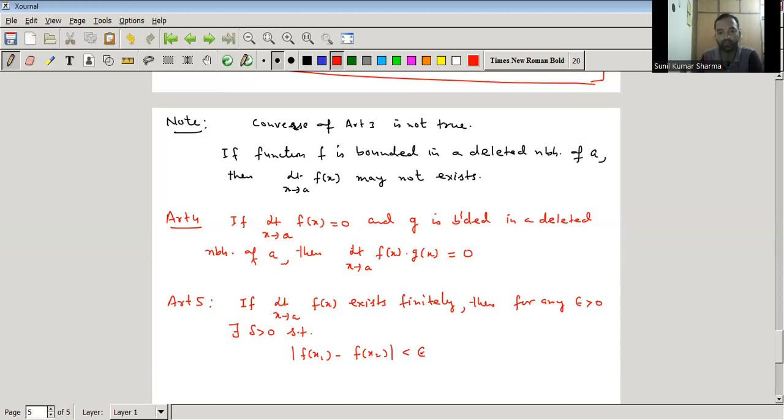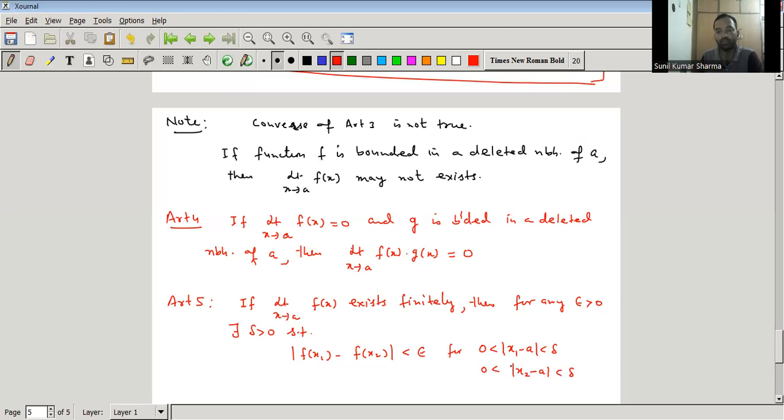You can take x1, x2 to be any points within the deleted neighborhood. Then mod f(x1) minus f(x2) is less than epsilon for 0 less than mod x1 minus a less than delta, and 0 less than mod x2 minus a less than delta.